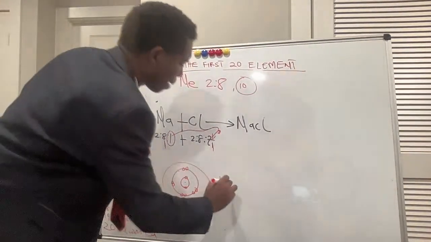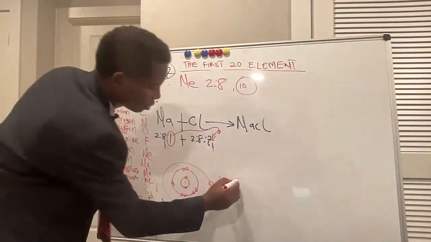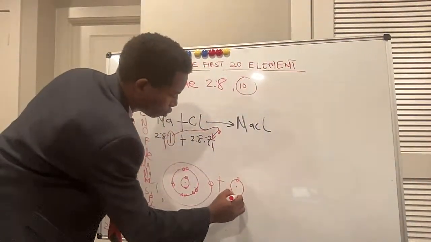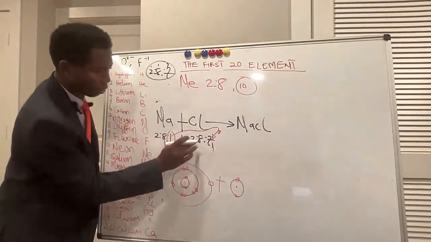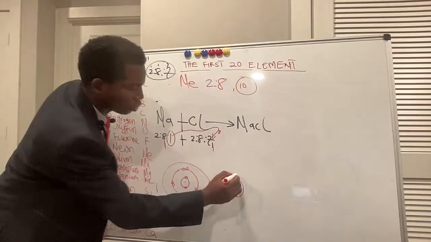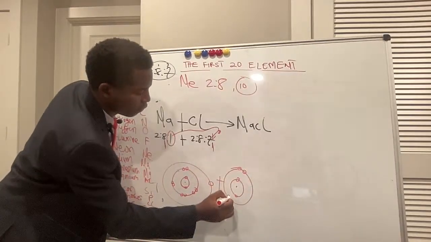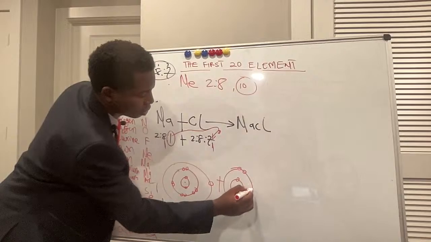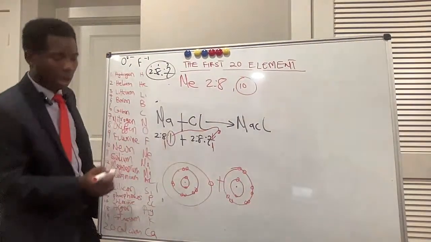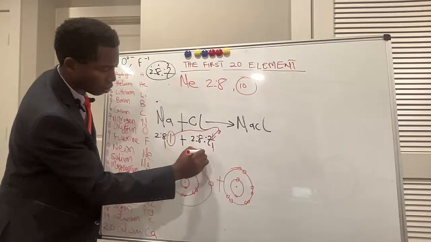Now, when it combines with chlorine, the first shell is 2, right? 1, 2. Now, this is 8 electrons. So let's draw another shell: 1, 2, 3, 4, 5, 6, 7, 8. This is the first, second, and third.